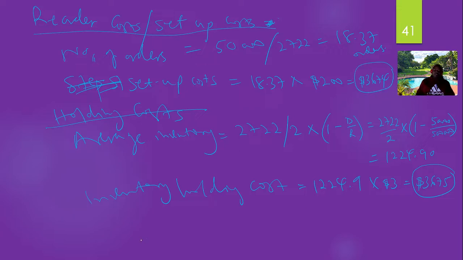The total inventory cost is equal to 3,674 plus 3,675, and we have to get our total of 7,349 per annum.